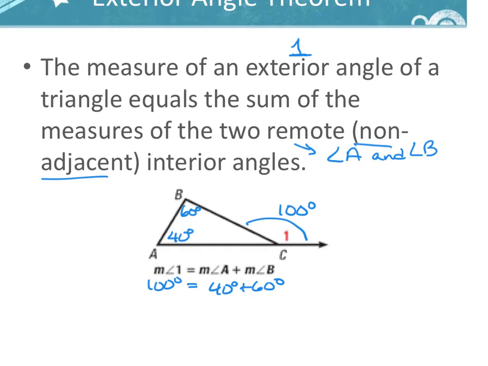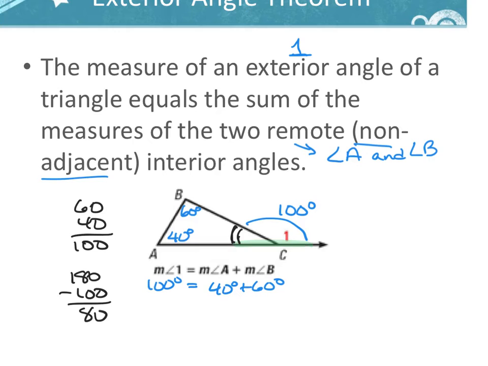Now, the way that they probably taught you in middle school is they probably taught you to recognize that we have a straight line here. This is a straight angle. So they probably told you first to maybe find the inside angle, and you could find this angle here that's missing by adding 60 plus 40 and then subtracting that from 180.